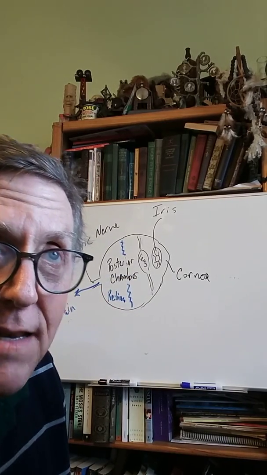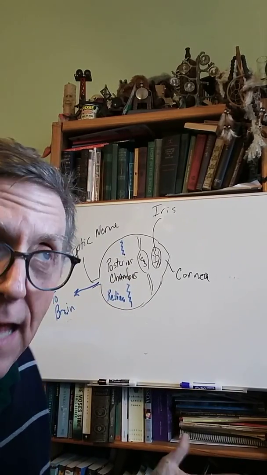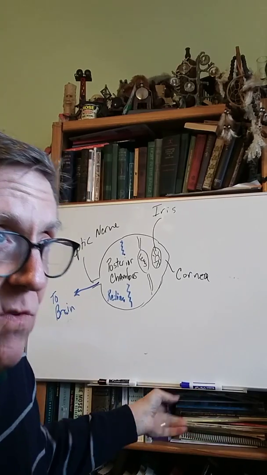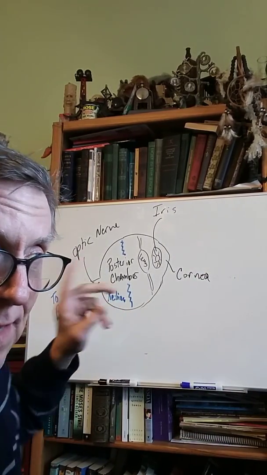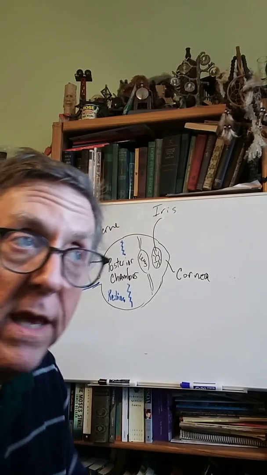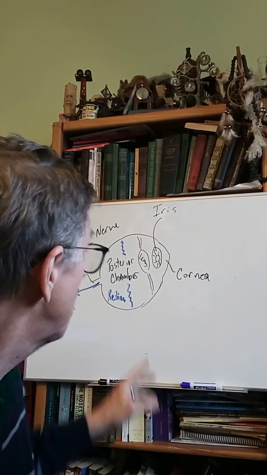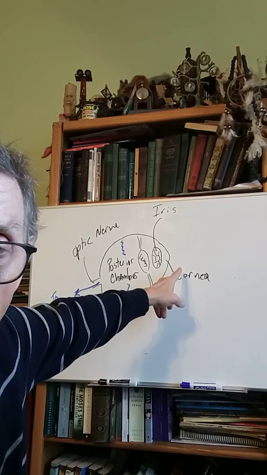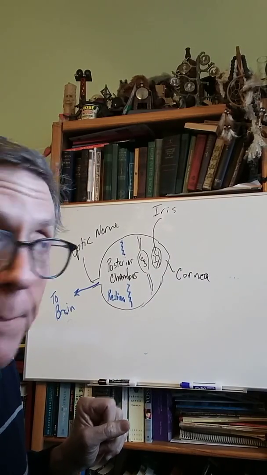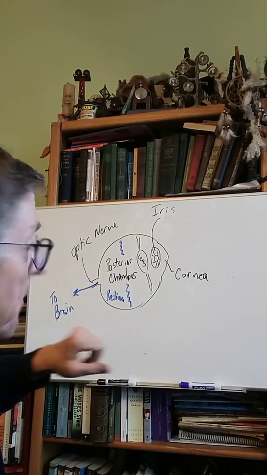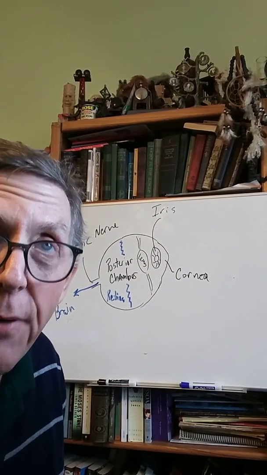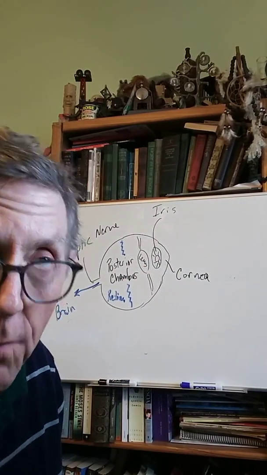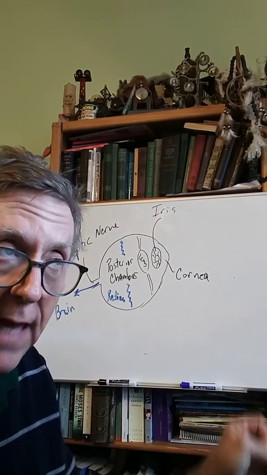So the anterior cavity is divided into anterior and posterior chambers. And we said in lab that the anterior chamber is in front of the iris but behind the cornea, and behind the iris but in front of the lens is the posterior chamber. That's all part of the anterior cavity.